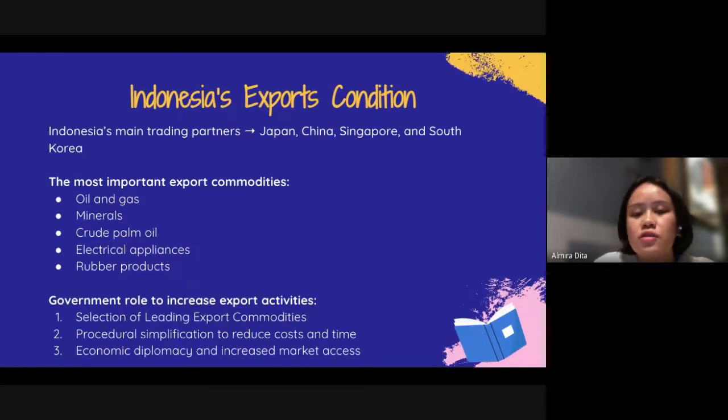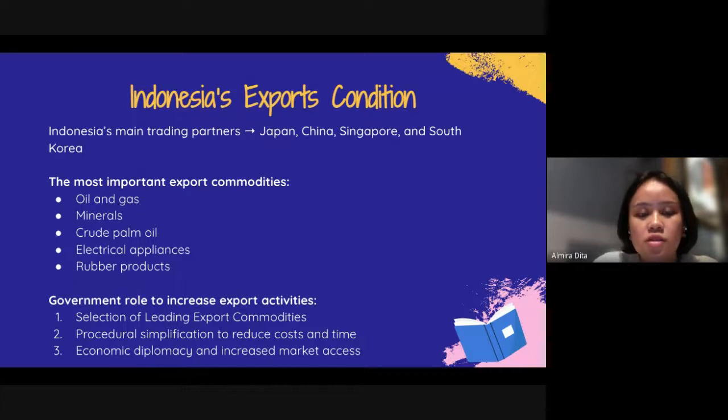And now we're going to look at the export condition in Indonesia. Indonesia's main trading partners are Japan, China, Singapore, and South Korea. Indonesia is relatively different from our neighbors because we are largely driven by domestic activity rather than export.